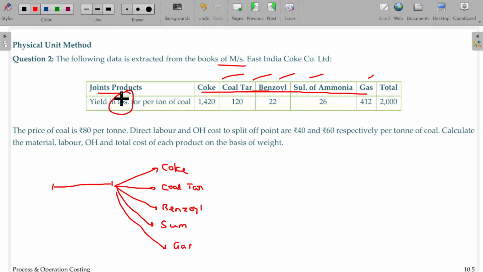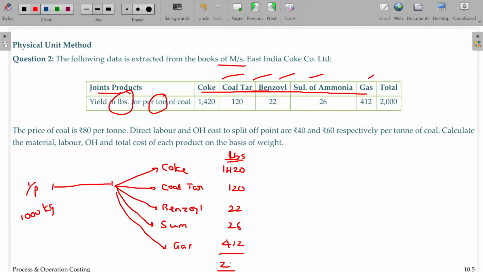The yield is 1,420 pounds per ton, the input being 110,000 kgs. For 1,000 kgs, we get this much output: this will be 120, this is 22, this is 26, and this is 412.